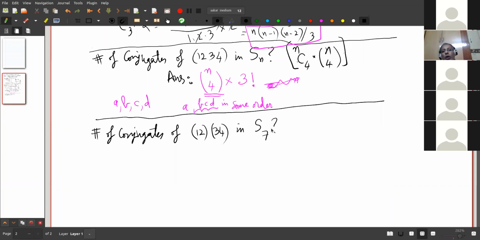So now how do we do this? 7 combination 4 into 4 combination 2. Let us not guess the answer; let us get our logic straight. So how are we going to count this?